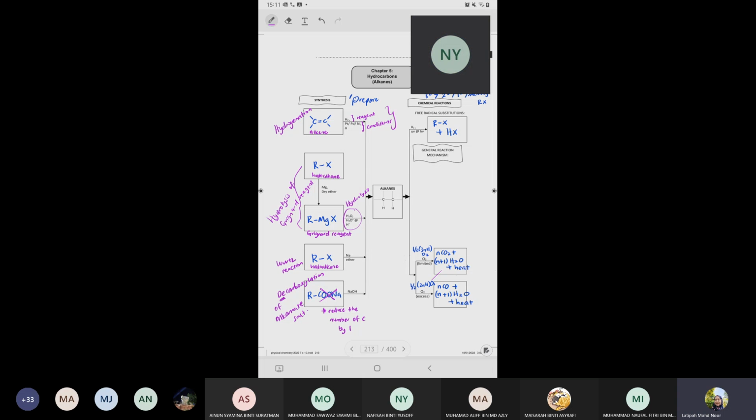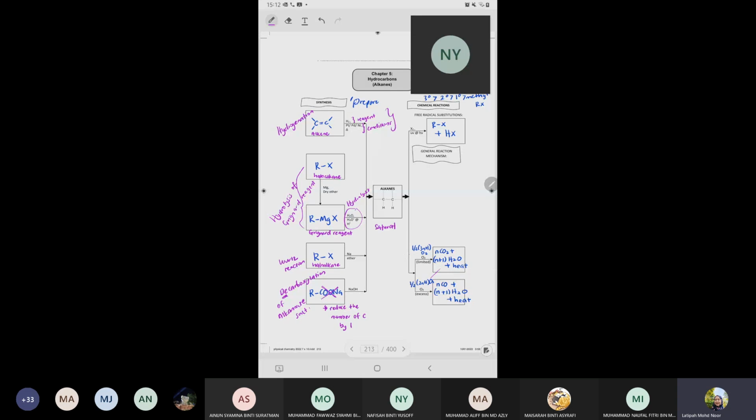Only 2 chemical reactions for alkanes. Ini yang paling sedikit. Yang lain-lain biasanya ada dalam 5 ke 6 reaction. Alkane paling sedikit. Sebab apa? Dia adalah saturated hydrocarbon. Kenapa dia panggil saturated hydrocarbon?